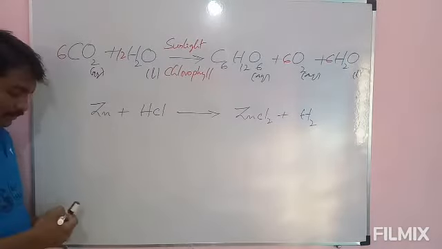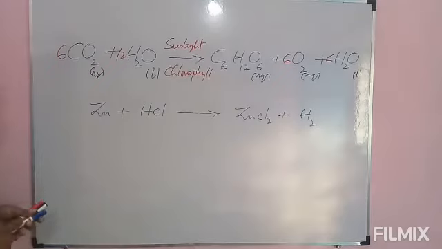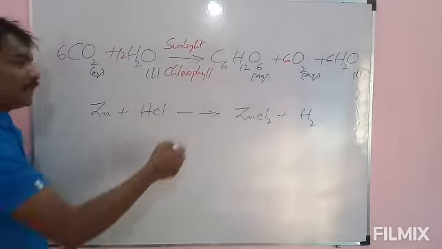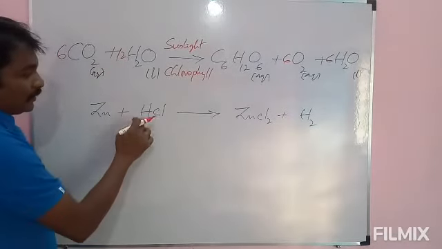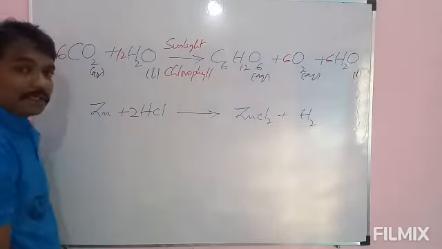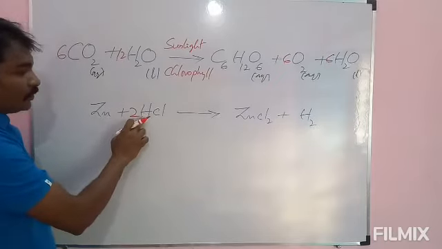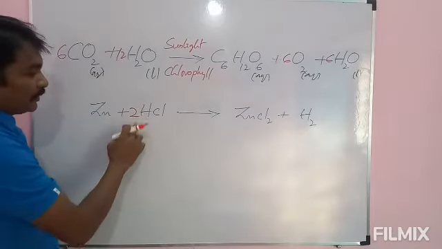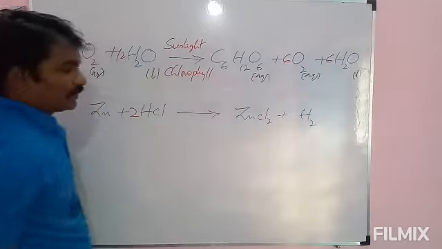See here, one zinc atom is there on the reactant side and one is there on the product side, zinc is balanced. Hydrogens, here one is there, here two are there, to make it 2, I am writing 2. After writing 2, hydrogens are balanced, 2 chlorines balanced.